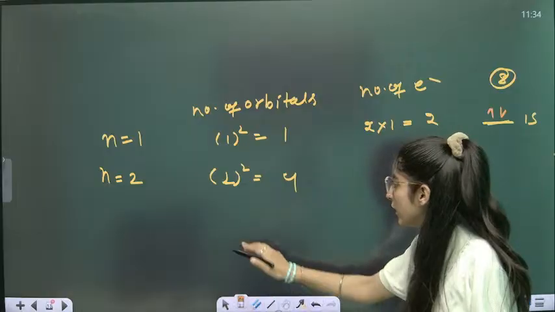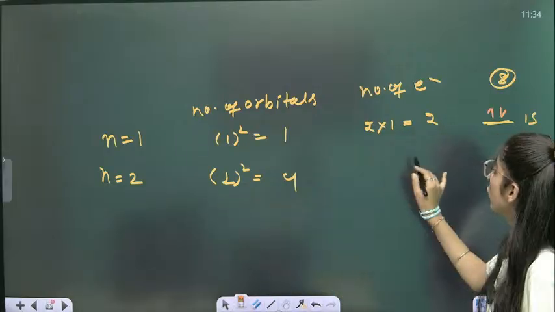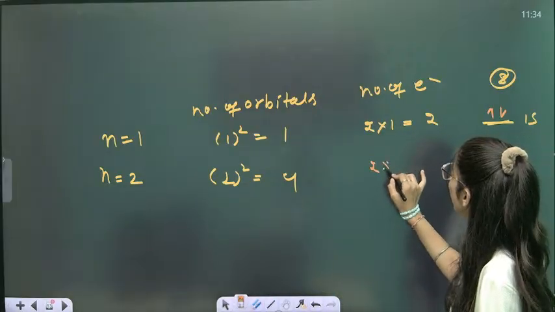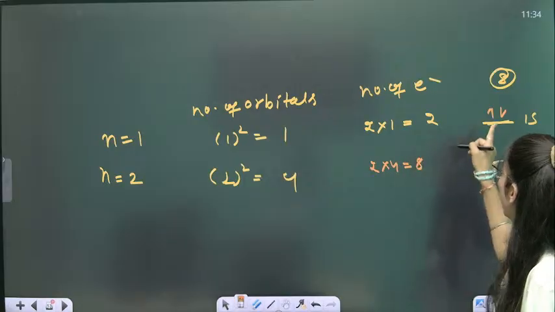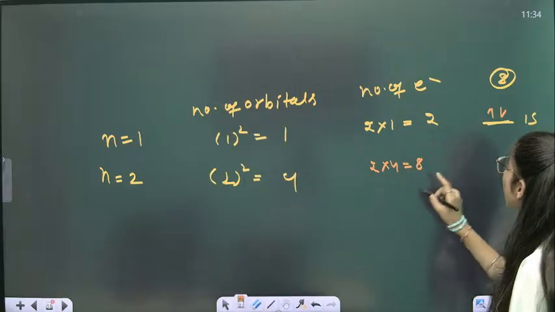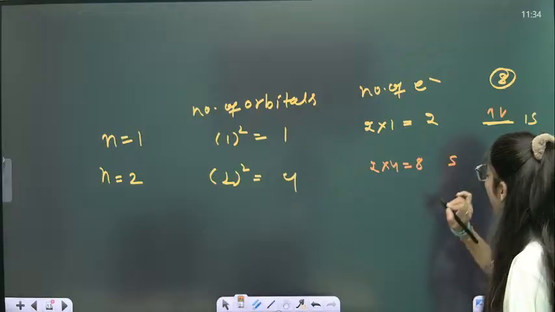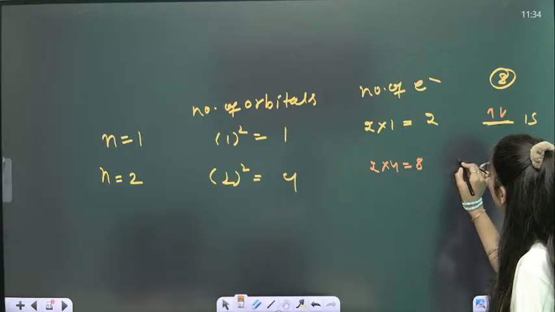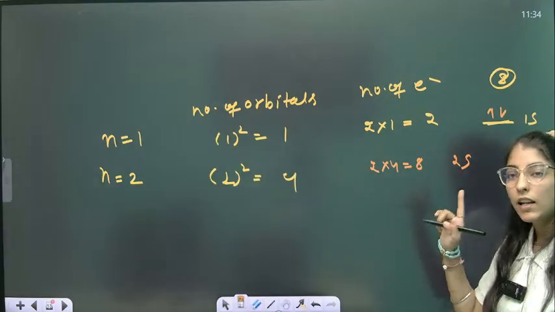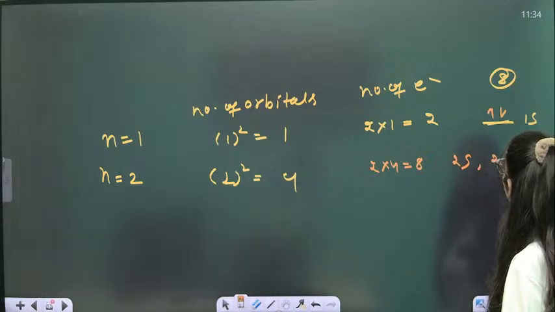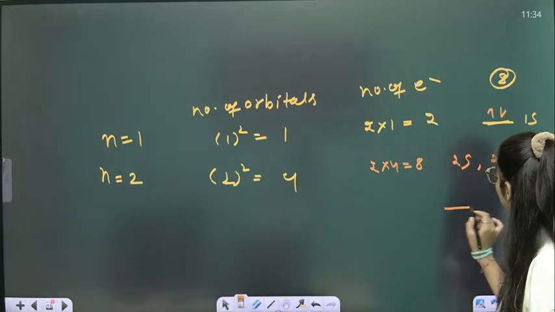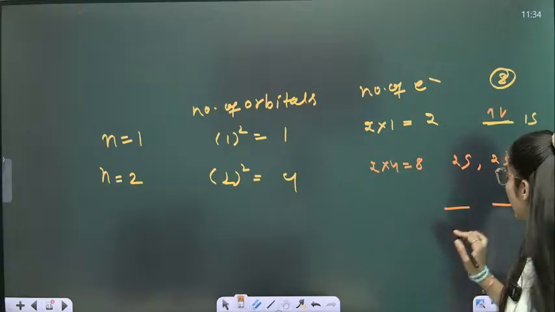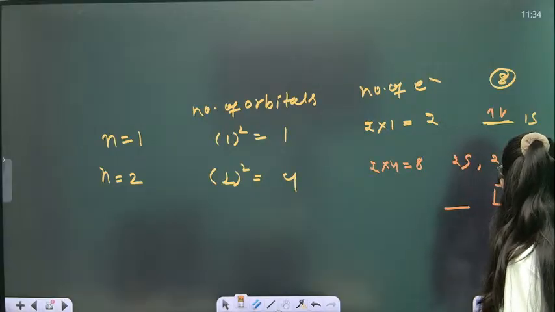Now let's move and see for n is equal to 2. The number of electrons will be 2 into 4, that is 8. And we all know that if the value of n is 2, we have the s subshell, that is 2s, and the next one is going to be 2p, which is again divided into 3 parts.